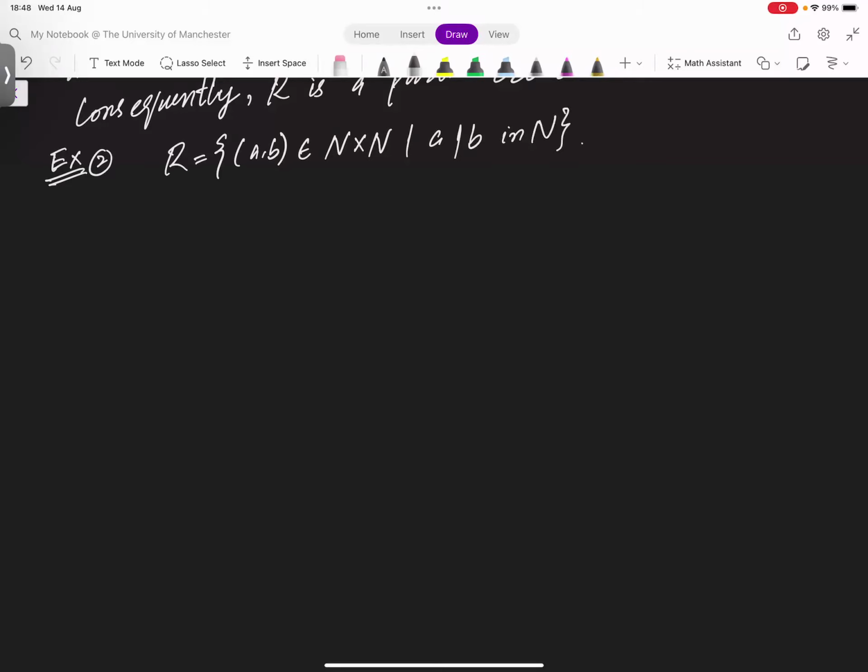We need to show R is a partial order on N.